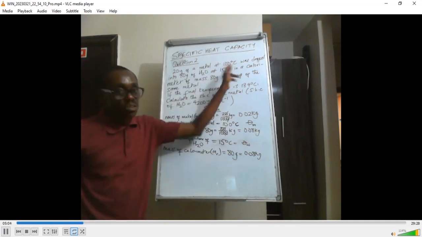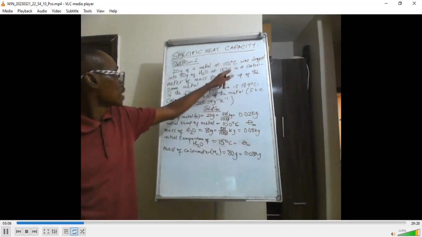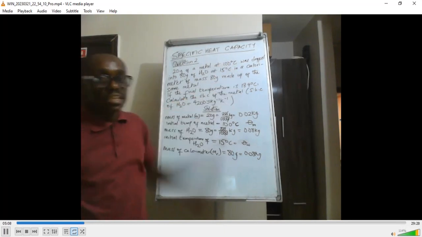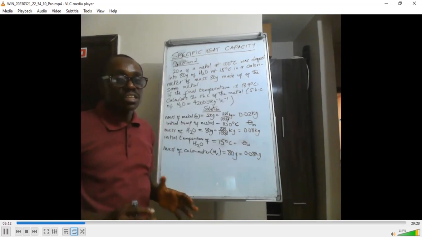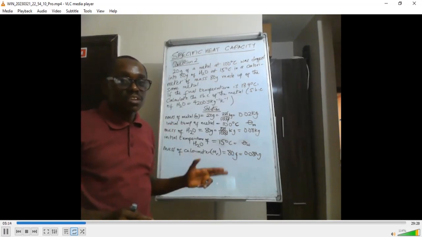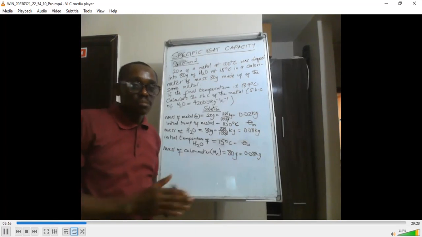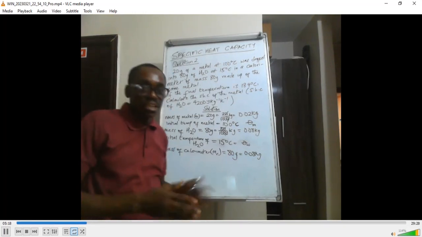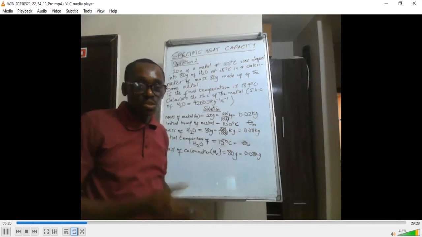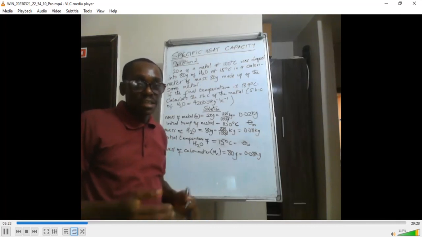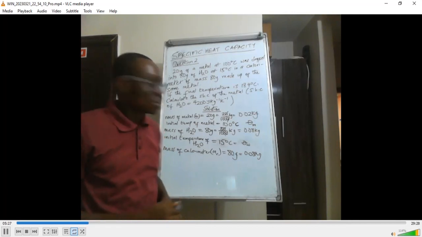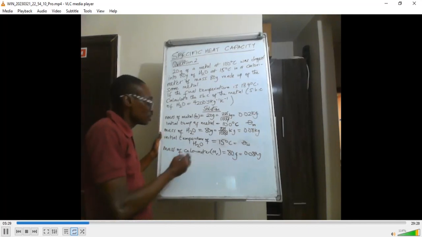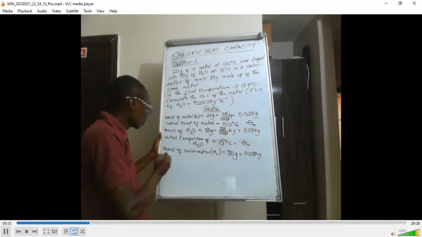Since the water was contained in the calorimeter, and the temperature of the water was 15 degrees Celsius, the water will transmit its heat to the calorimeter. The calorimeter is going to have the same temperature as the water inside it. So the initial temperature of the calorimeter is also 15 degrees Celsius.